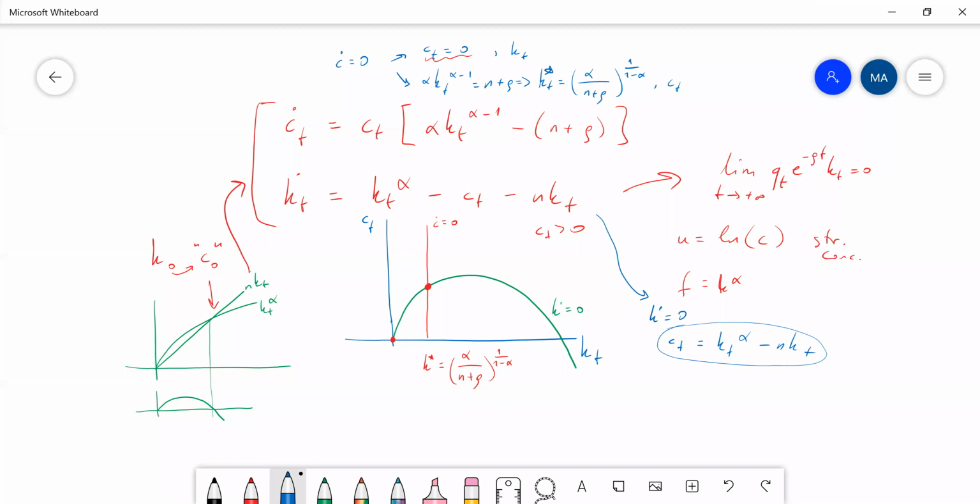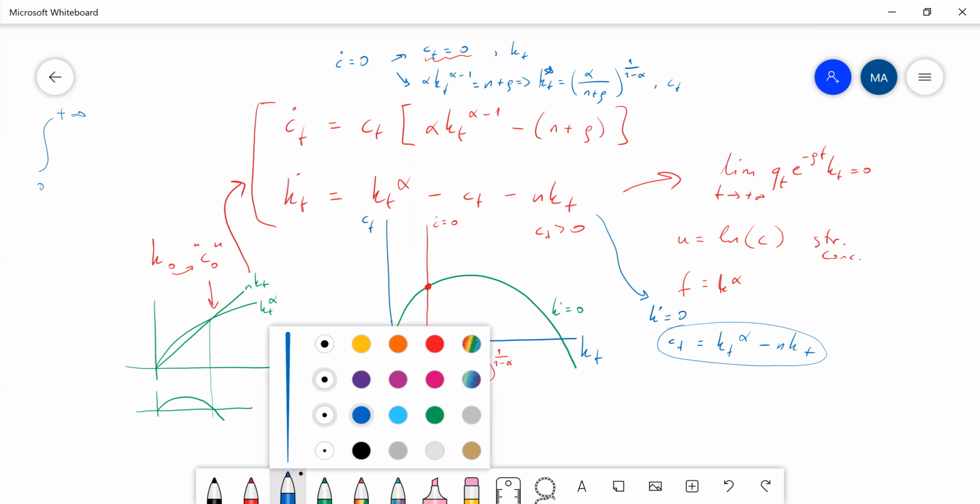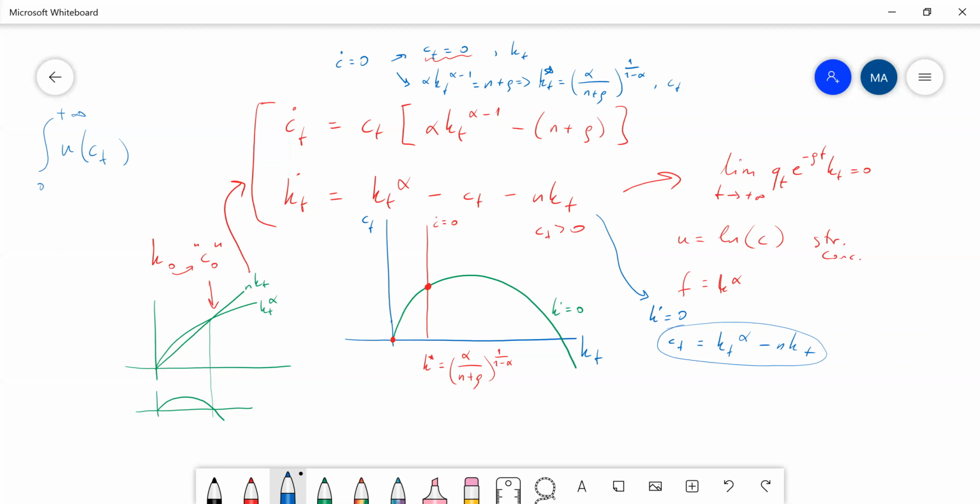So the last time we were just talking about the optimal growth example, right? There's this capital stock and this consumption level, and the decision maker maximizes something like this, from t equals 0 to positive infinity, e to the minus rho t dt.